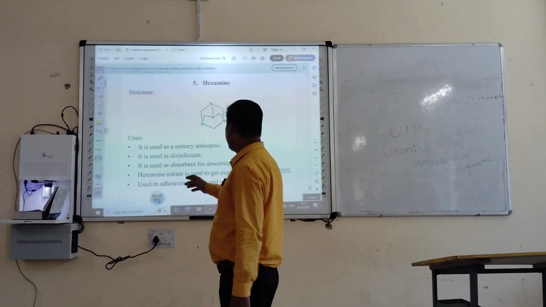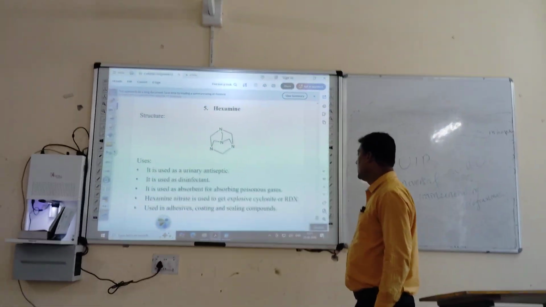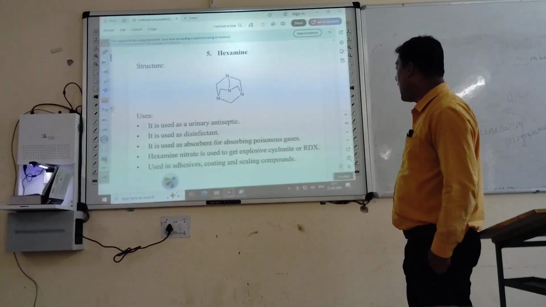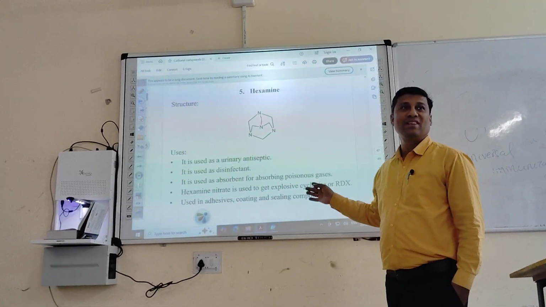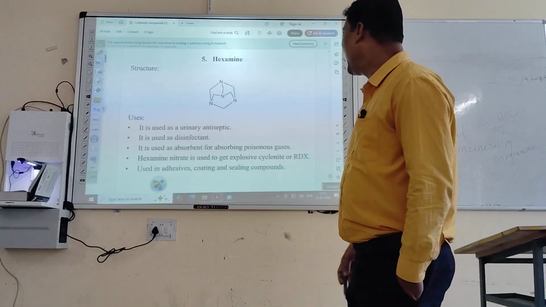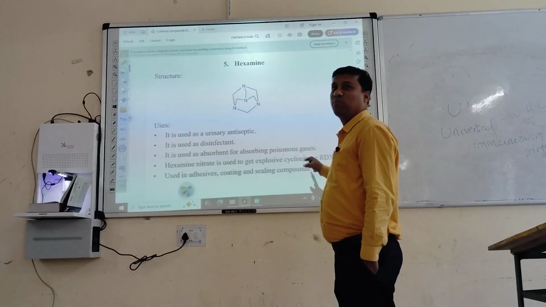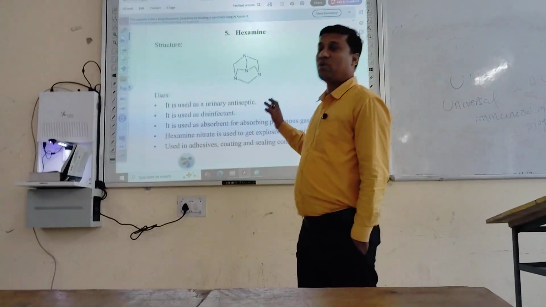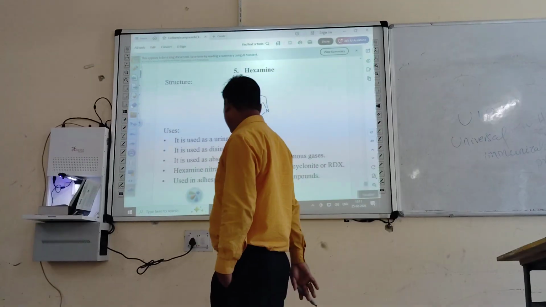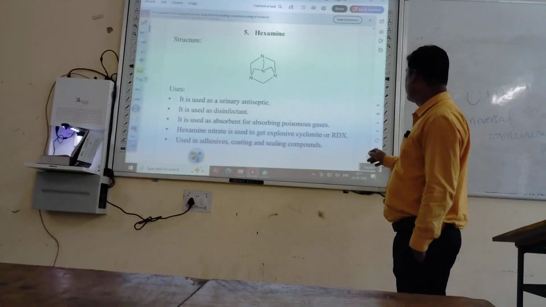Then hexamine nitrate is used to get explosive cyclonite or RDX. RDX is used for any explosion process. Okay, used in adhesives, coating and sealing compounds. Okay.